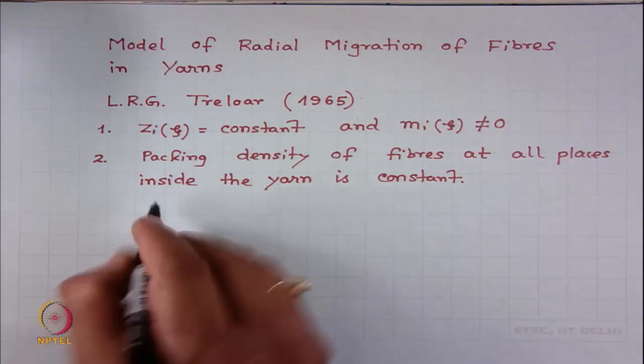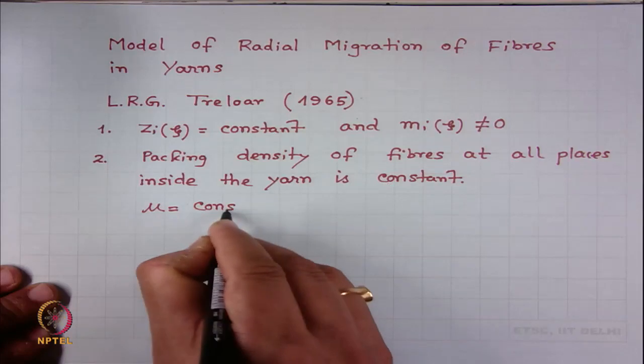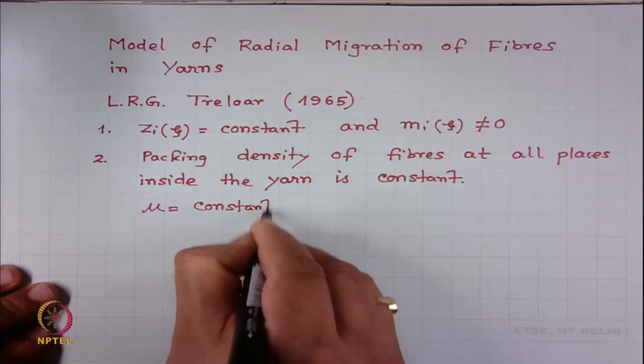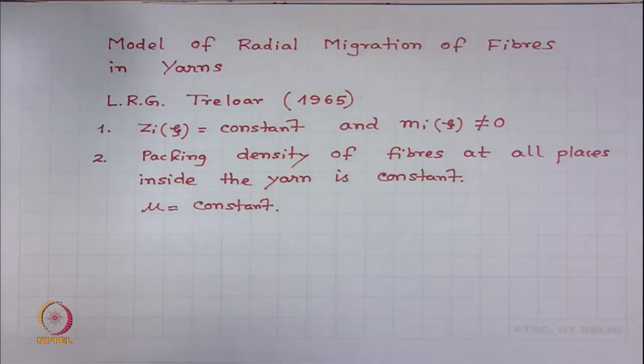That means mu is constant. This was the second assumption in Taylor's model of radial migration of fibers in yarns.